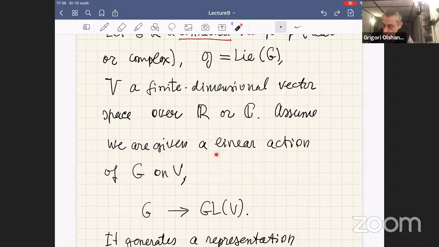So this is a homomorphism of Lie groups, of real Lie groups or complex Lie groups. This is real, and this is real, this is complex, and this is also complex.